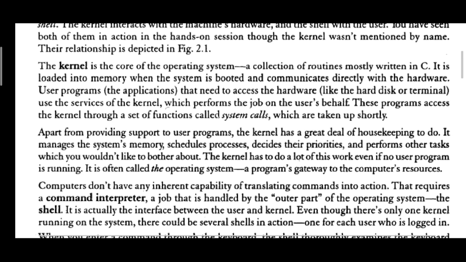User programs that need to access the hardware use the service of the kernel, which performs the job on the user's behalf. These programs access the kernel through a set of functions called system calls. Okay.